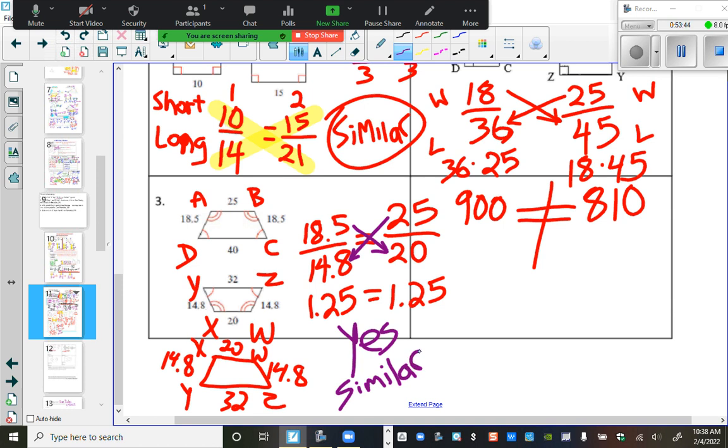Now, always check cross multiplication. Anybody check that? 18.5 times 20. Oh no, 370, I think, right?